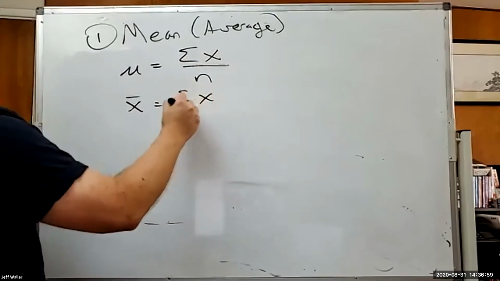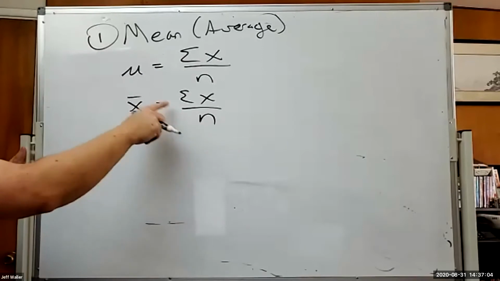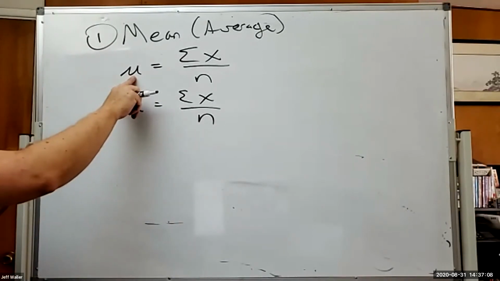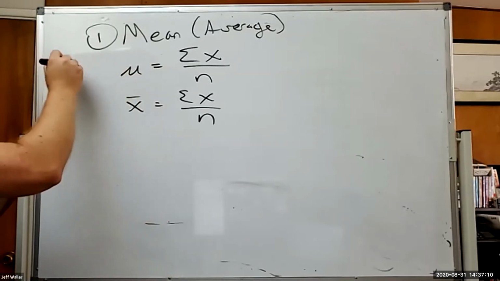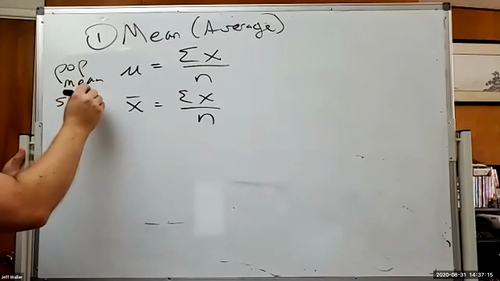What's the difference between these two? The formulas are the same, but this means what and this means what? Mu means population mean. Yeah, population mean. So of course this one is sample.